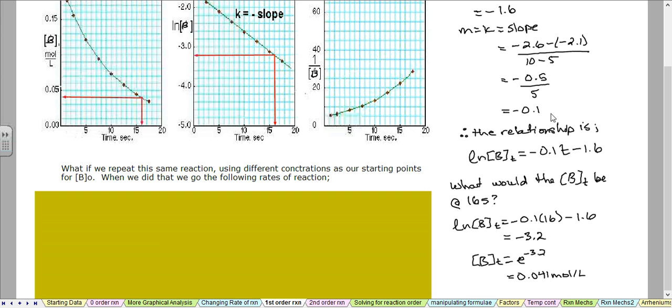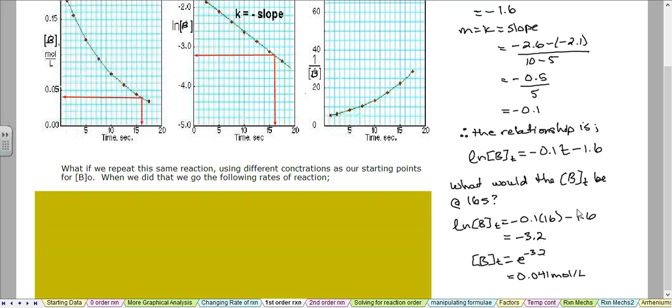Well, I can plug my y-intercept and my slope value into the equation. And so from doing that, I get this as the relationship. Ln of my B concentration is going to be equal to negative 0.1 t. So take this, multiply it by whatever time you want, minus 1.6.